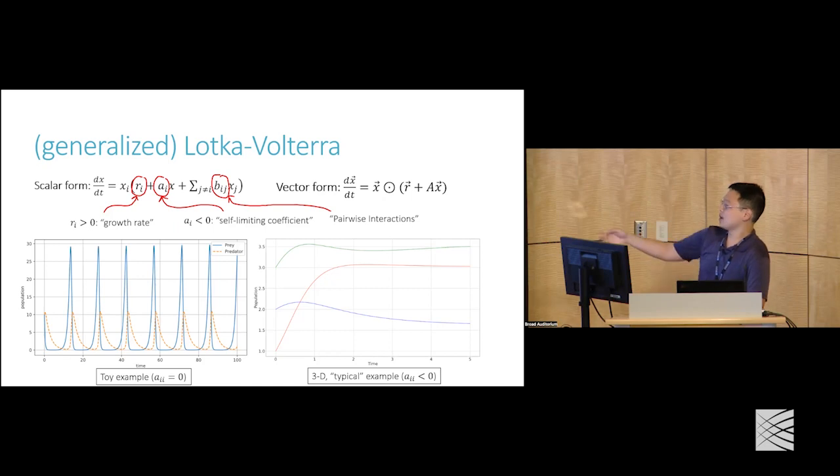For a more typical example where the self-limiting coefficients are negative, you might have behavior that looks more like the right-hand side, where you have some abundances in the initial conditions, and they do this semi-oscillatory behavior but essentially stabilize over time. The right-hand side is more common and is a system that you'll find out in the wild.